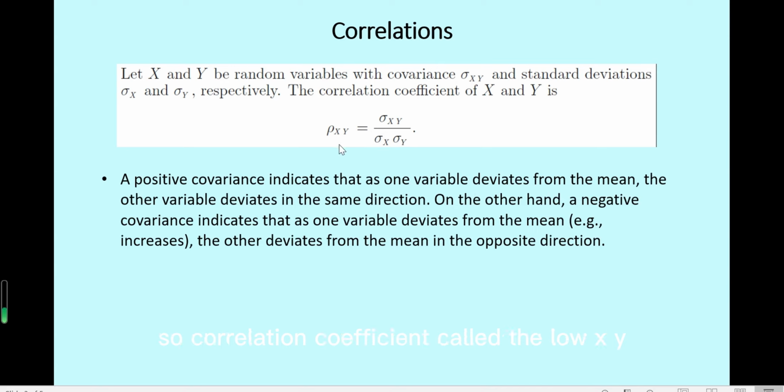If the correlation coefficient is positive, it means that when one variable deviates from the mean, the other variable also deviates in the same direction. On the other hand, a negative covariance or correlation coefficient means that when one variable deviates from the mean, the other deviates from the mean in the opposite direction.